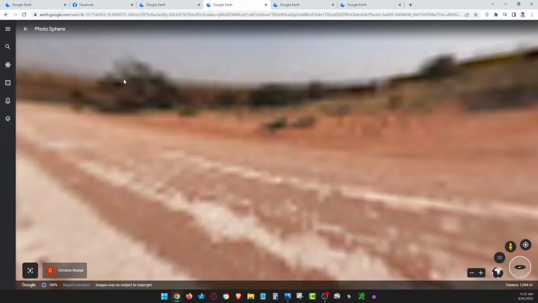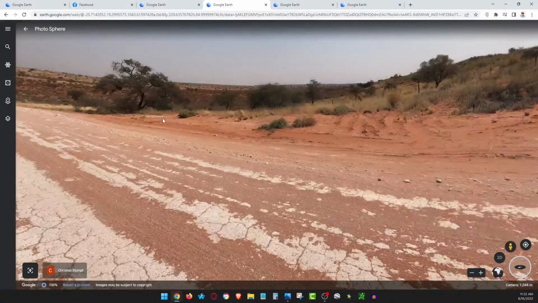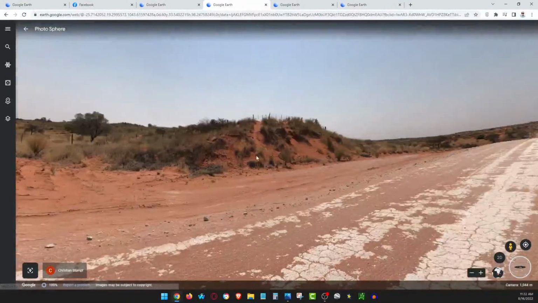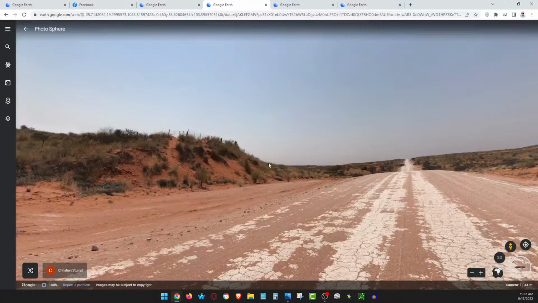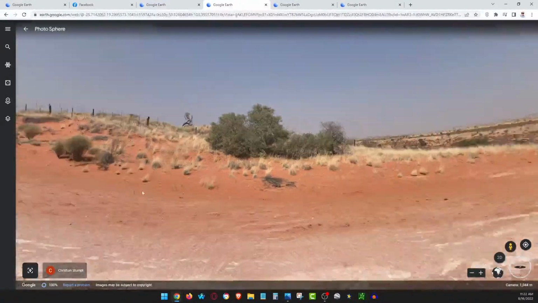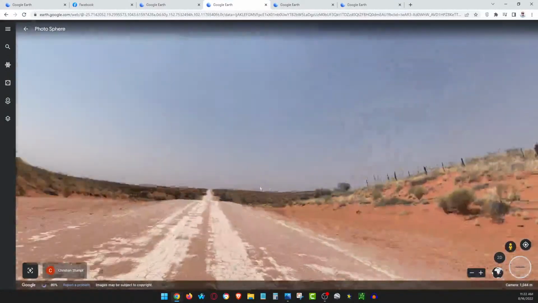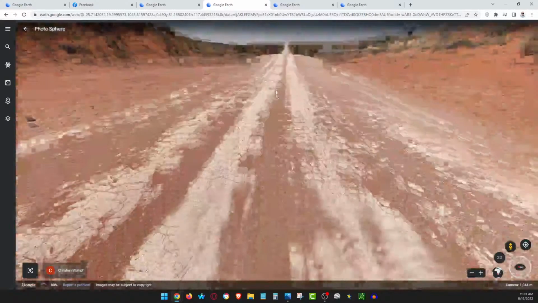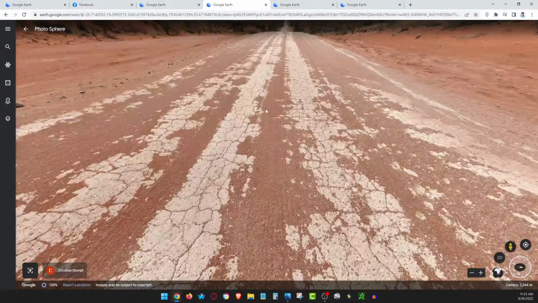Now, is this grass? Look how lush it turned. So here's another one of these so-called sand dunes. I don't know. That's awesome. What the heck is that?